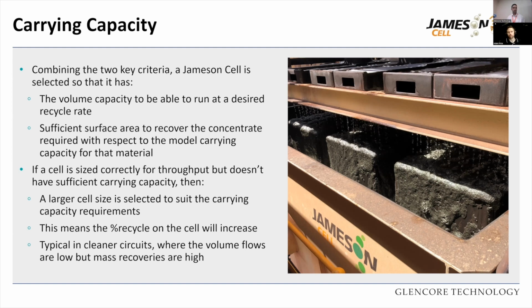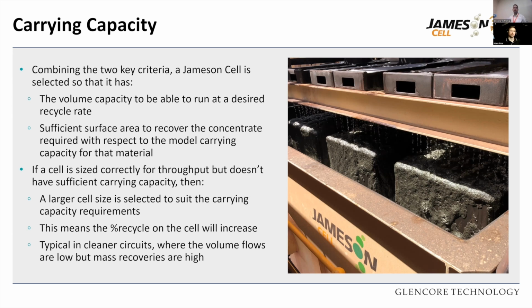As mentioned, that'll result in an increase in percent recycle, which tends to be typical, with higher recycles within cleaner circuits and those types of things. As I said, we have some options for manipulations there with lenses. There are probably two scenarios here.